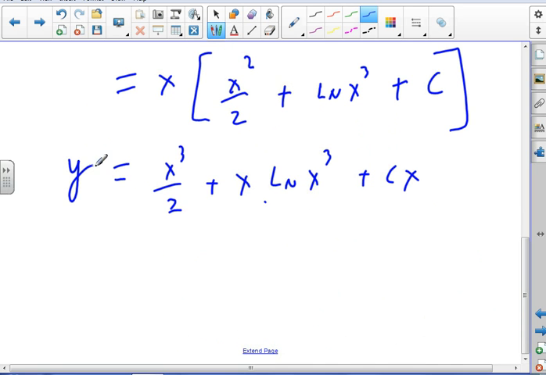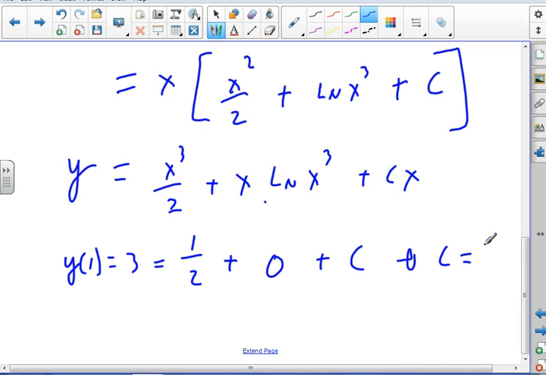Okay, I'm applying my initial condition, which says y at 1 is 3. Okay, so I'm going to have 1 in there for the x. 1 half plus the natural log of 1 is 0 plus c, implying that c had better be 5 halves.